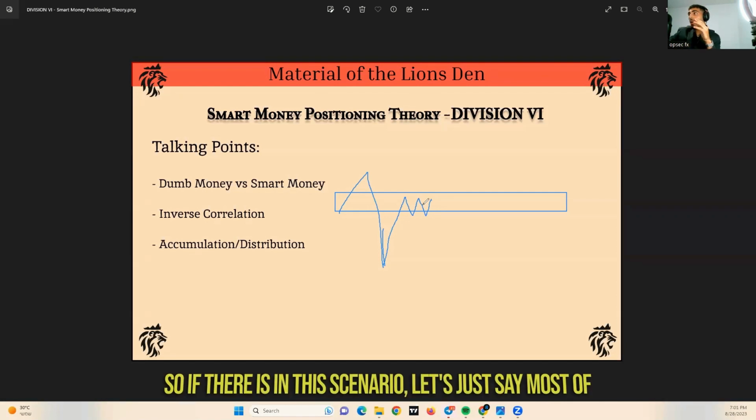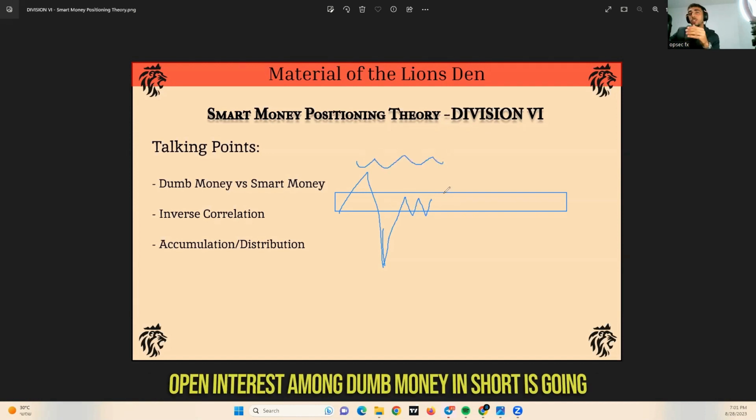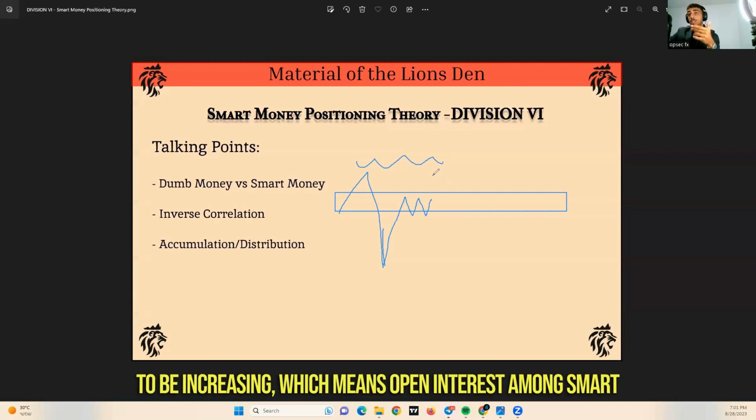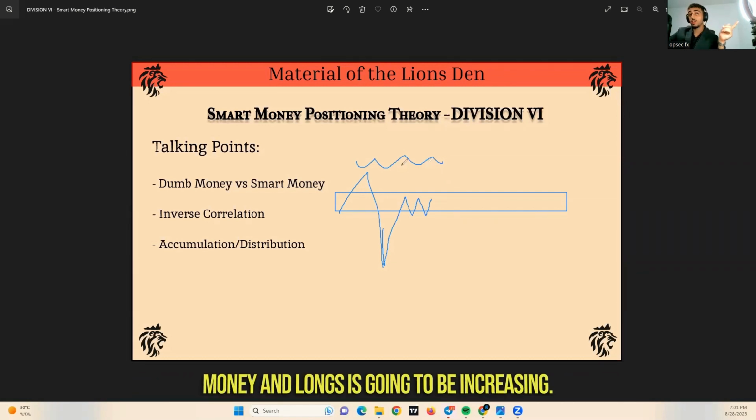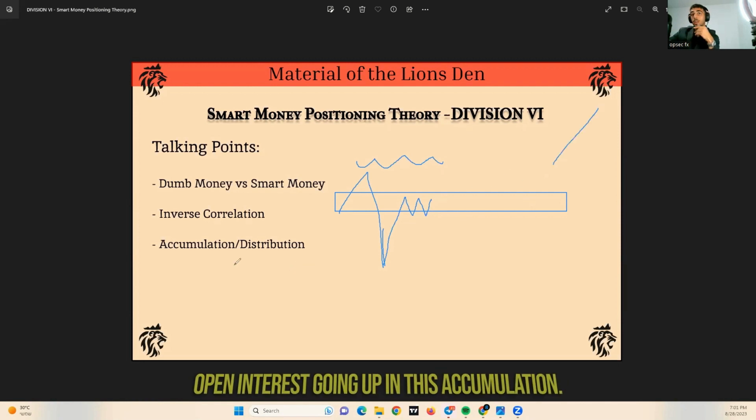Let's just say most of dumb money wants to go short where they stop up here. Open interest among dumb money in shorts is going to be increasing, which means open interest among smart money in longs is going to be increasing. This means that the smart money is facilitating the dumb money's shorts over here, and this accumulation is causing open interest to go up.